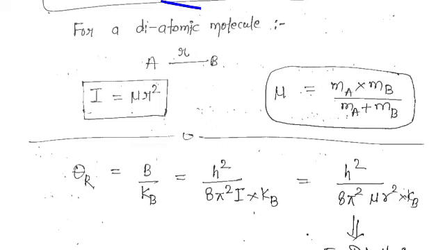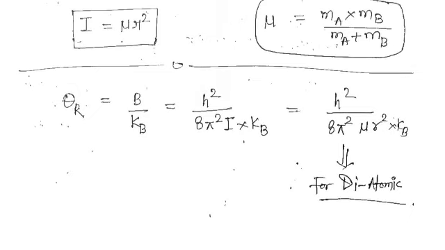Then we put the value of I as mu r square, and the rest of the things are the same. This is the value of theta r for a diatomic molecule. Have you written it? If yes, then I am going onwards.